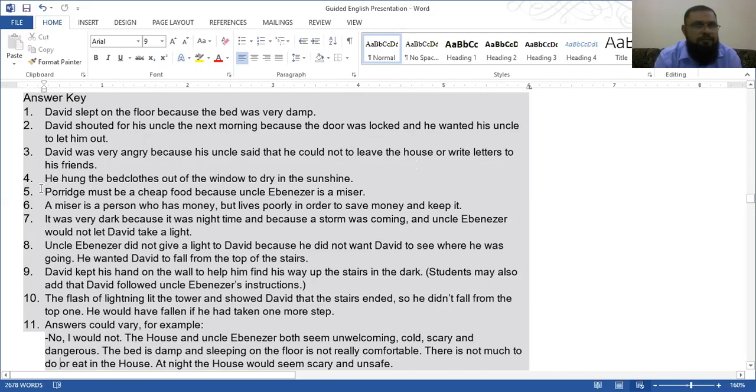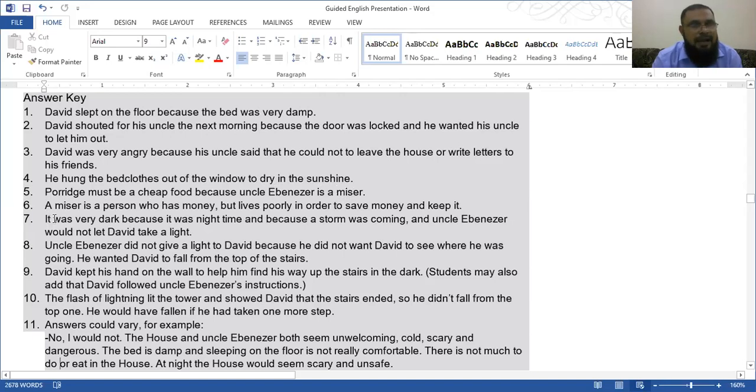Number 4, he hung the bedclothes out of the window to dry in the sunshine. Number 5, porridge must be a cheap food because Uncle Ebenezer is a miser. Now, this is a good reason.